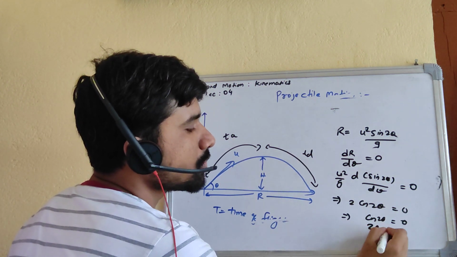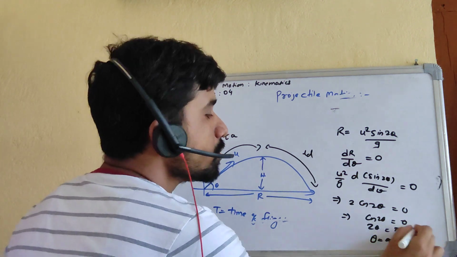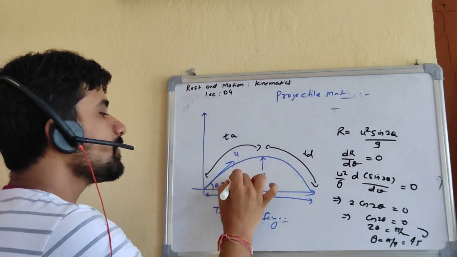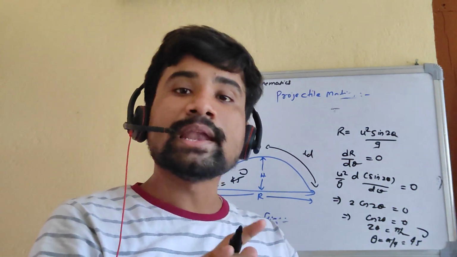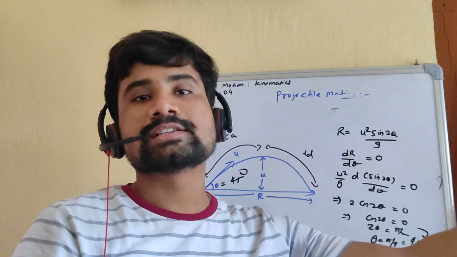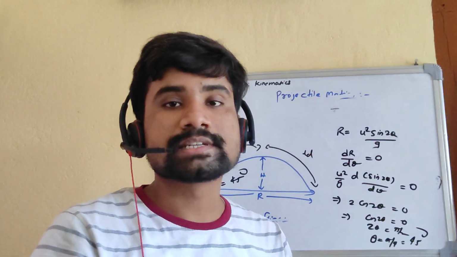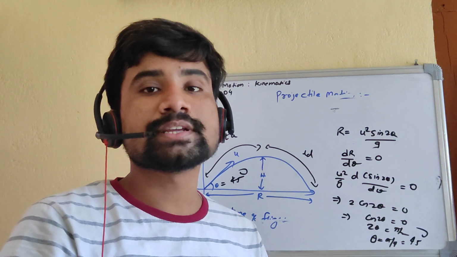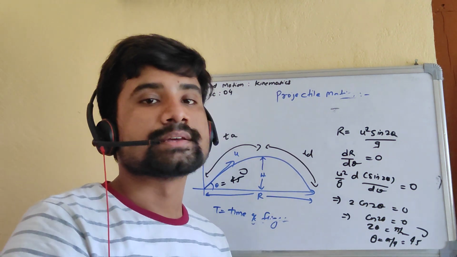We know cos 90 is 0, so 2 theta is pi by 2, and theta is pi by 4, which is 45 degrees. So if I project at 45 degrees, I will get the maximum possible range compared to all other angles, but the condition is that my velocity should be constant in this comparison, right?